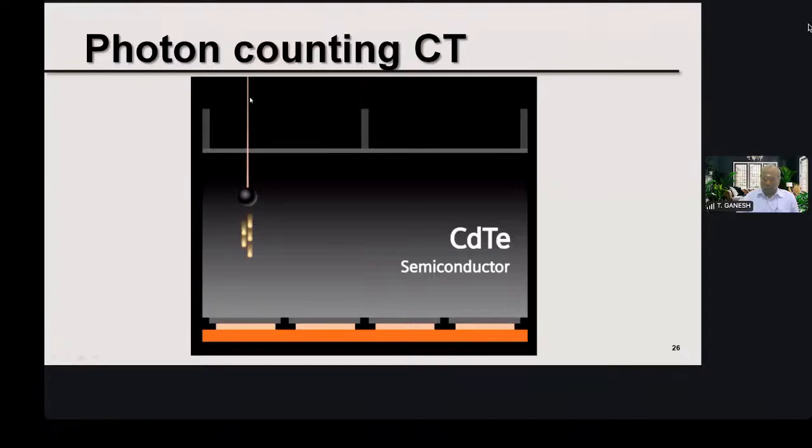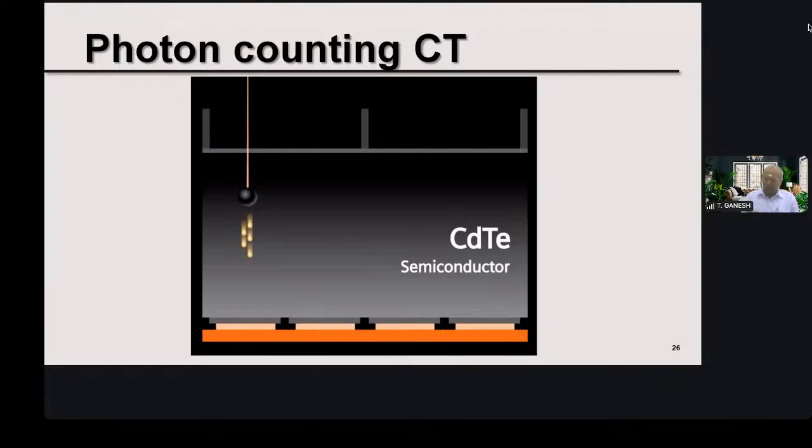So here one photon comes, interacts, produces electron hole pairs, and these electrons move towards the anode. One single photon is counted by this anode. That is why it is called photon counting CT. In the conventional energy integrating detectors, we are just integrating 30,000 X-ray photons, and the signal is a cumulative signal.